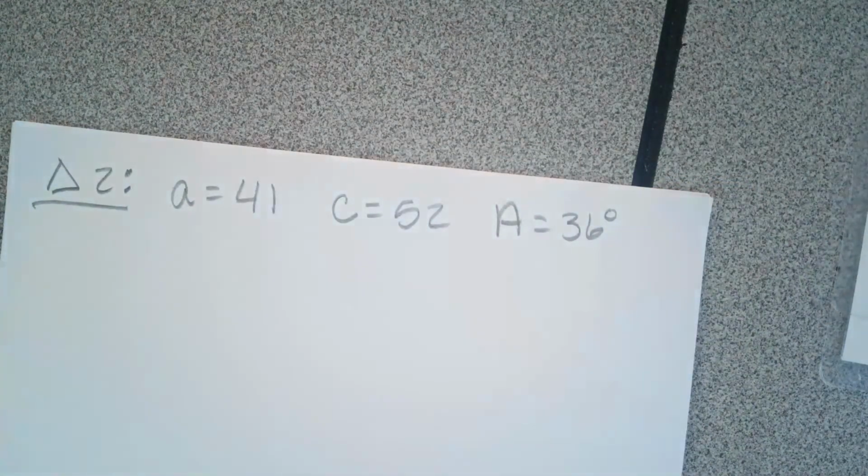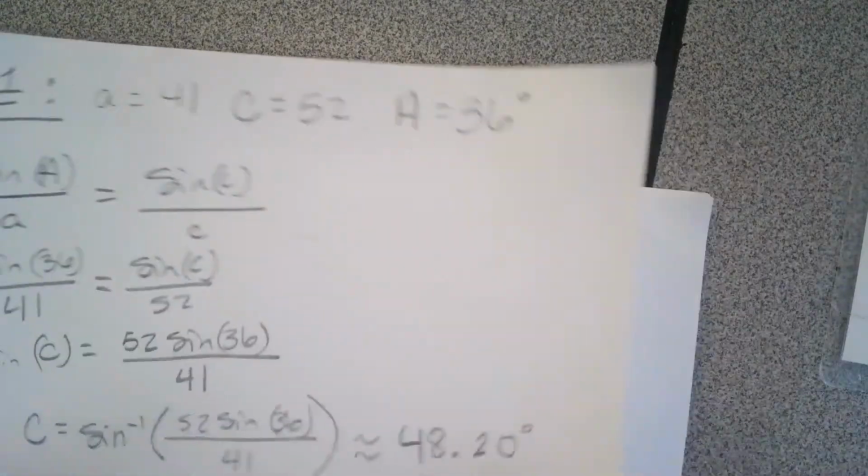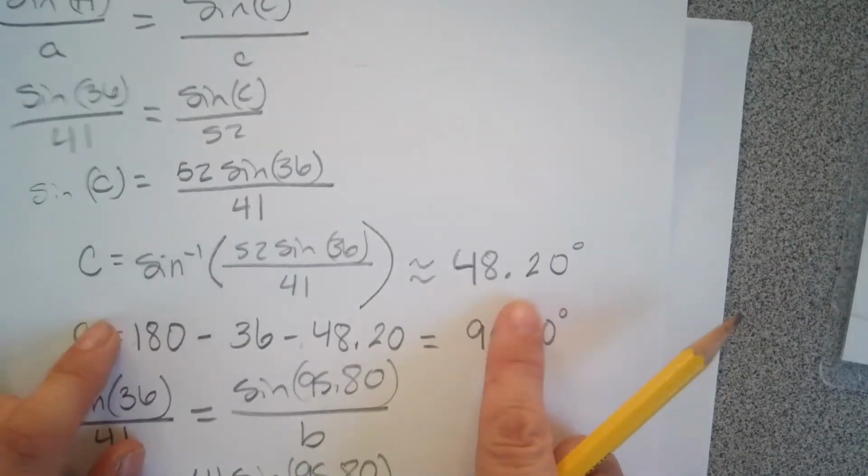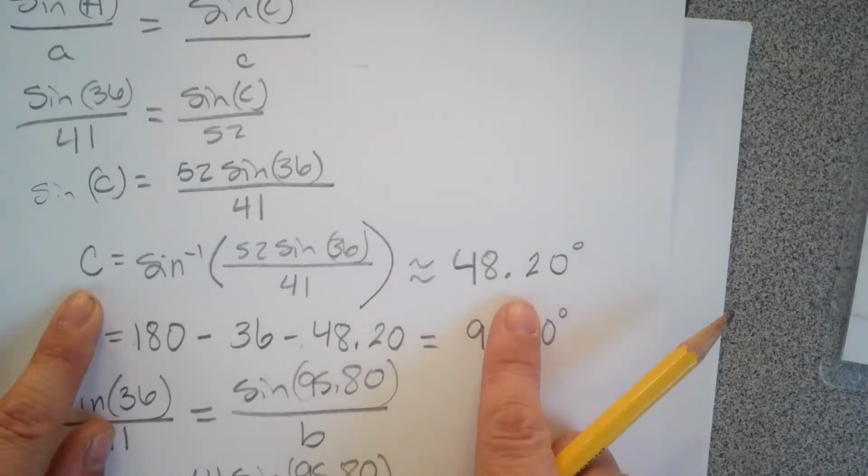Okay. Now, remember what we said about why we have two triangles. We're going to come back to that first angle that we found. The first angle we found with the first triangle was angle C, right?